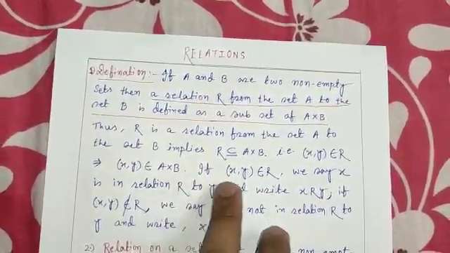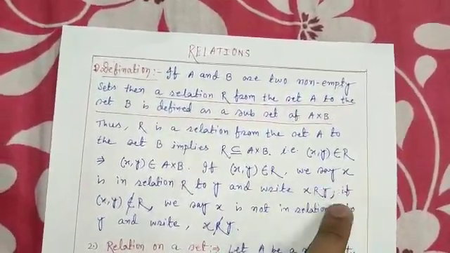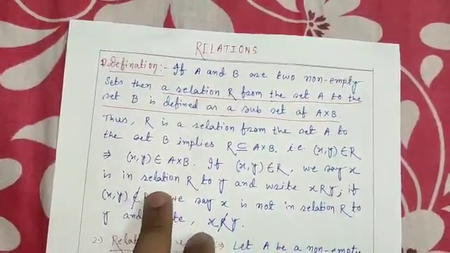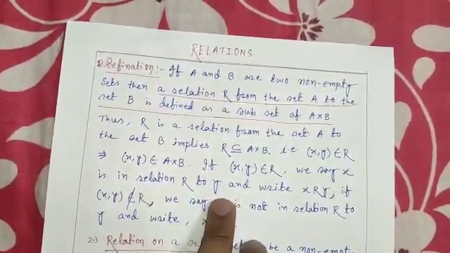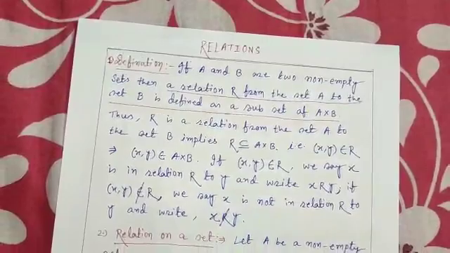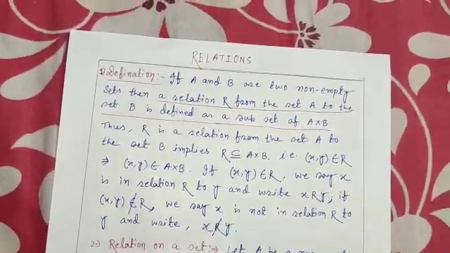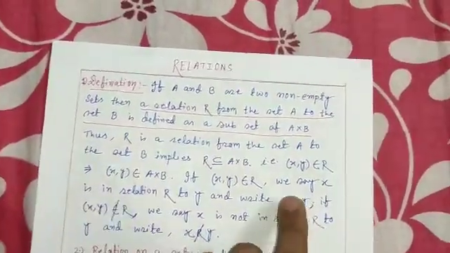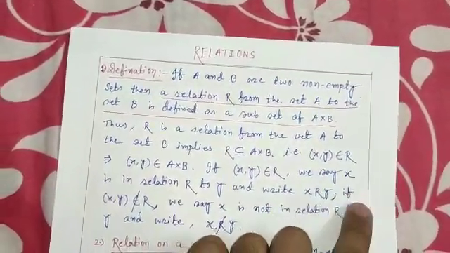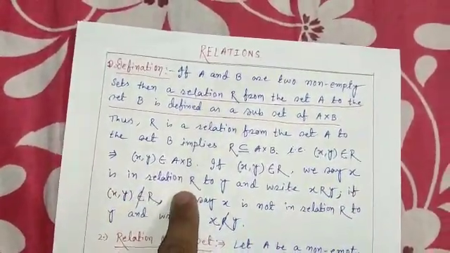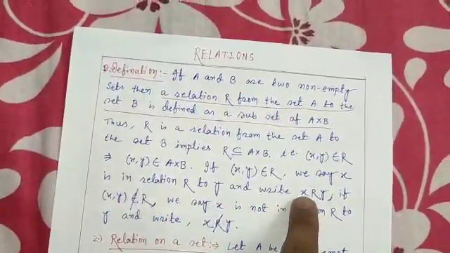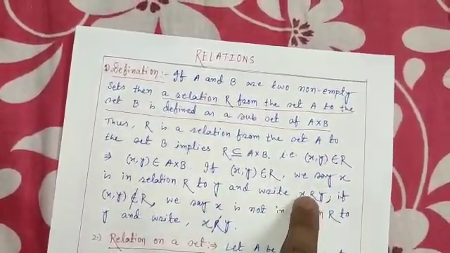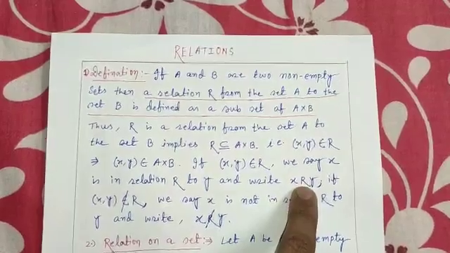Now if (x, y) belongs to R, we can say x is in relation R to y. This is the way through which we can say one element is related to another element. We write x R y, which means x is related to y.